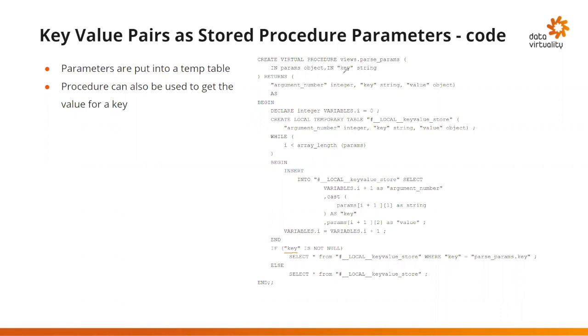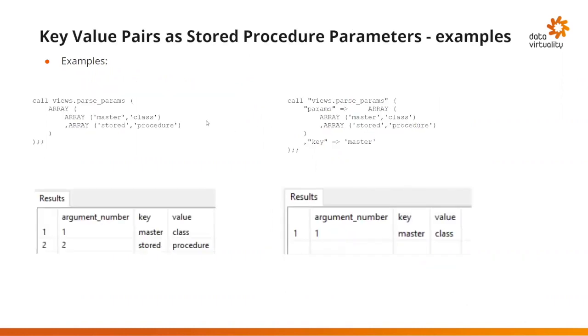If a parameter key is supplied, we select this one with a filter on key. If this key parameter is not supplied, we select everything, returning everything from this temporary table. Let's now take a look at our examples. Just close that. Yeah, now we can see some of the examples.